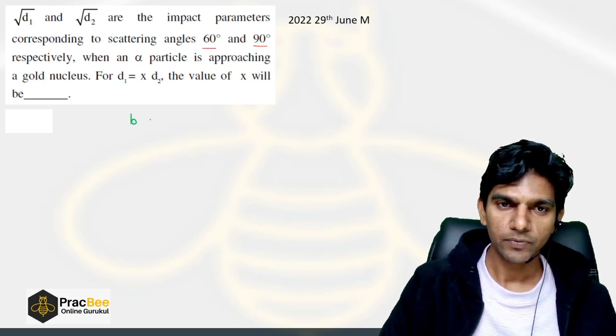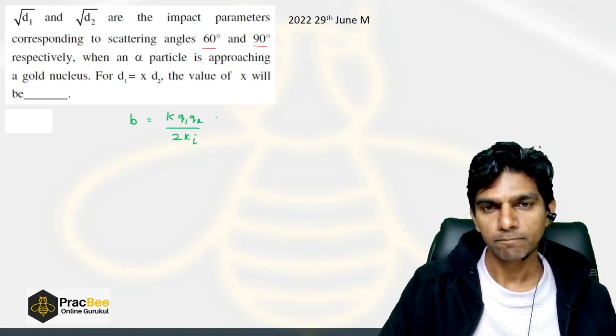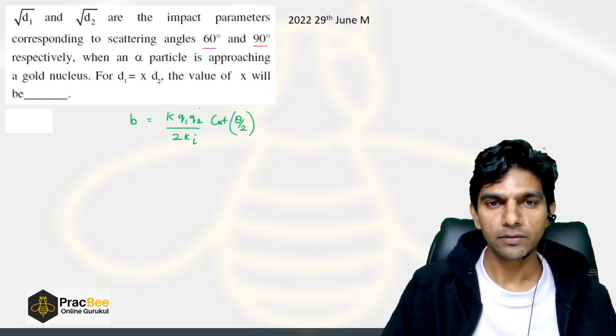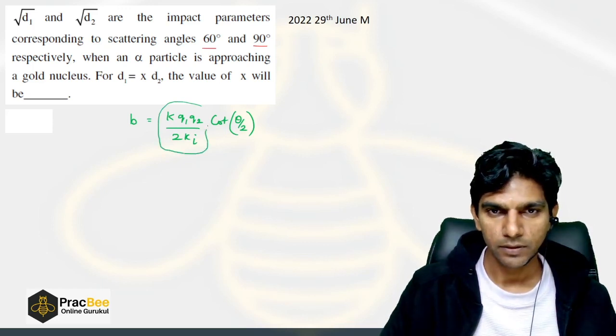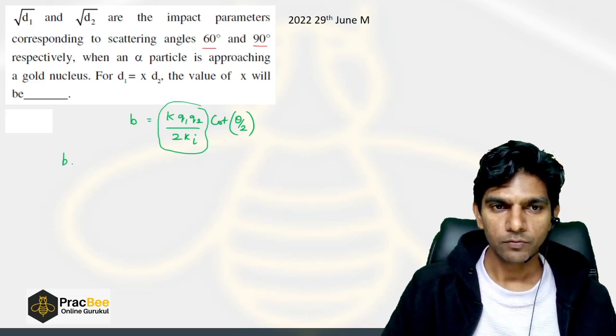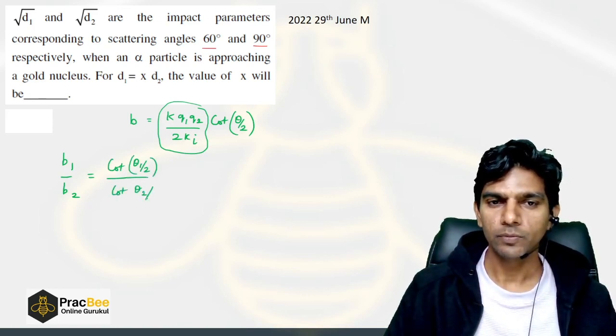So b is k q1 q2 divided by 2 times Ki cot theta by 2, where theta is the angle of scattering. Can you see this factor is the same for both cases? So we can say b1 by b2 will be equal to cot theta1 by 2 upon cot theta2 by 2.